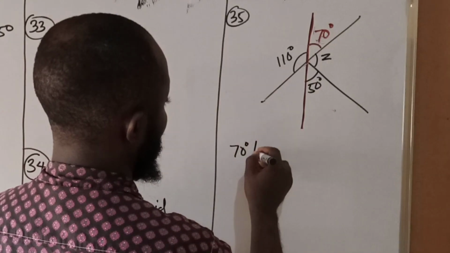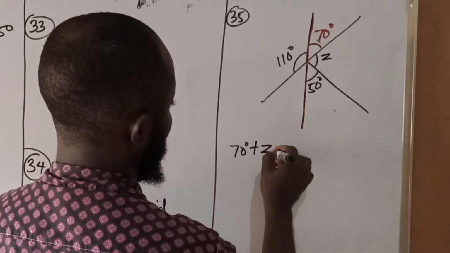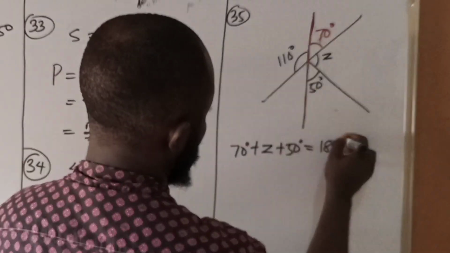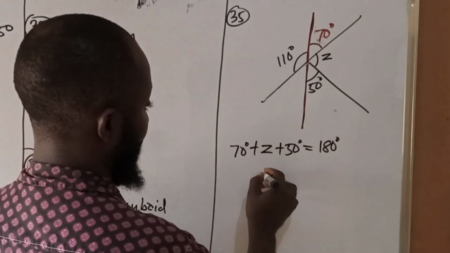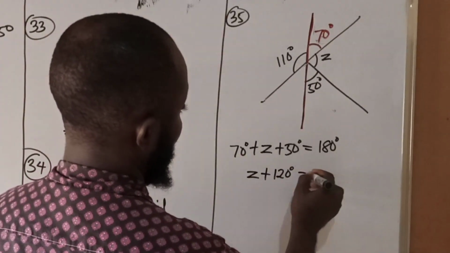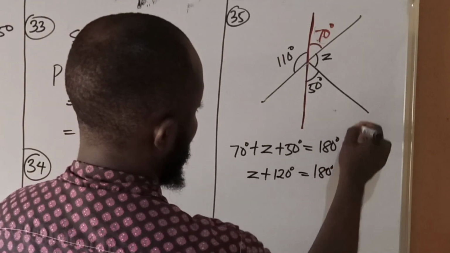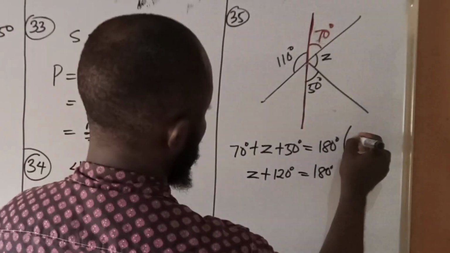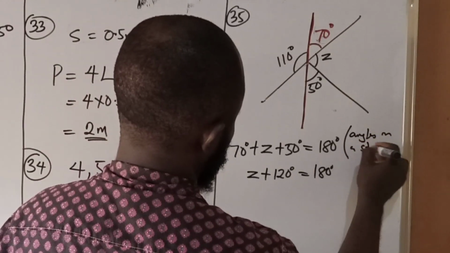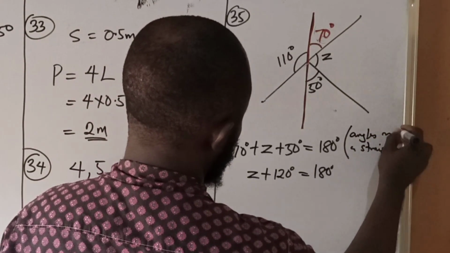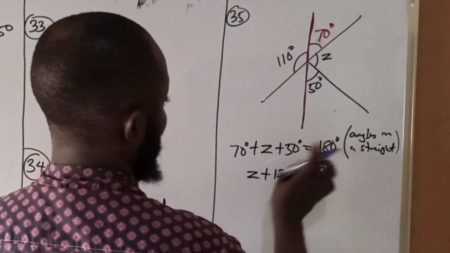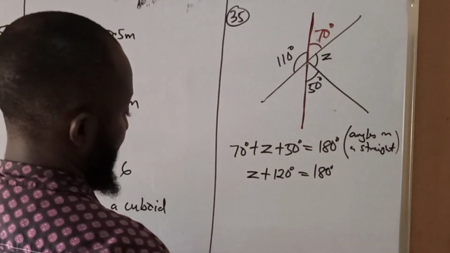If this is 70 degrees, then we can say 70 degrees plus z plus 50 degrees equals 180 degrees. That means we have z plus 120 degrees equals 180 degrees. Don't forget the reason for this: sum of angles on a straight line. That is the geometrical reason. If you are solving a theory question, you need to give the reason why this equals this.